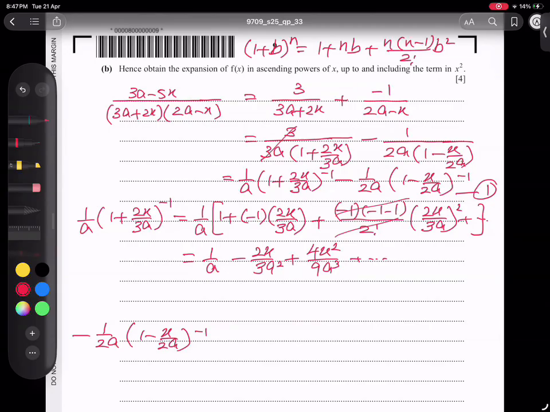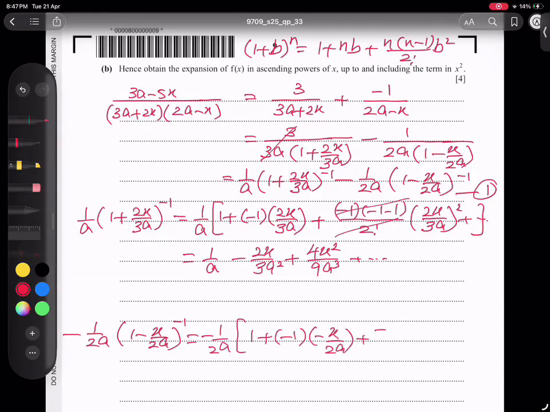So let's talk about the second part. Negative 1 over 2a, 1 plus nb. N is minus 1, b is negative x over 2a.